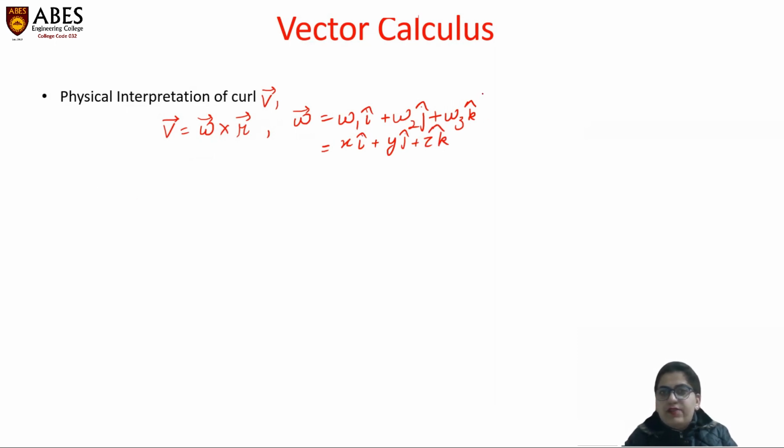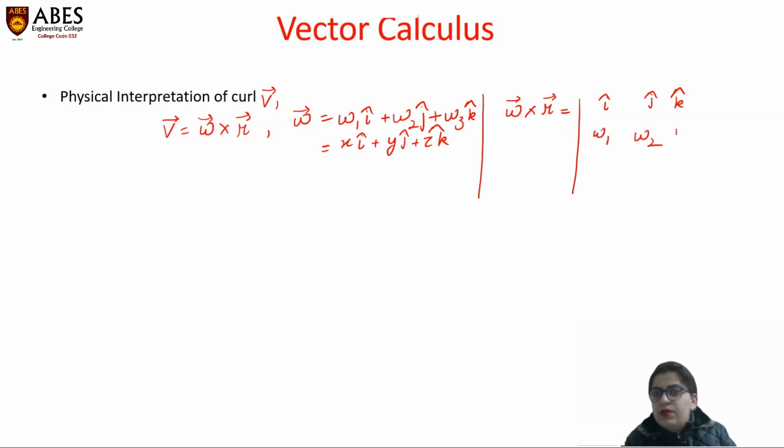Now, firstly, we'll be calculating the cross product of angular velocity and position vector. It will be i cap, j cap, and k cap; the first vector will be w1, w2, w3, and then x, y, and z.